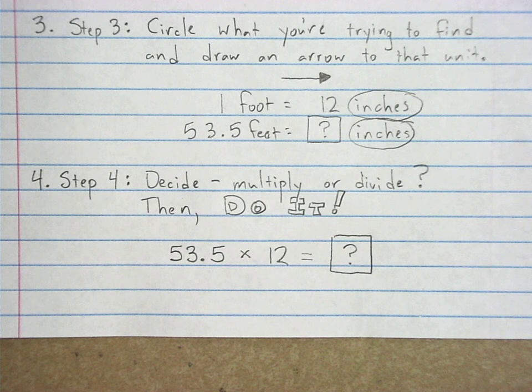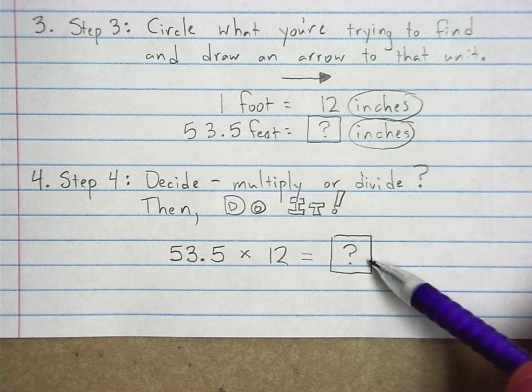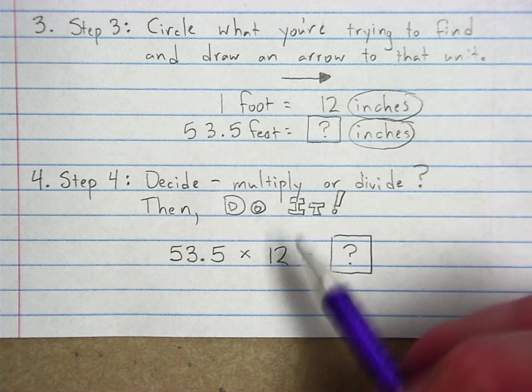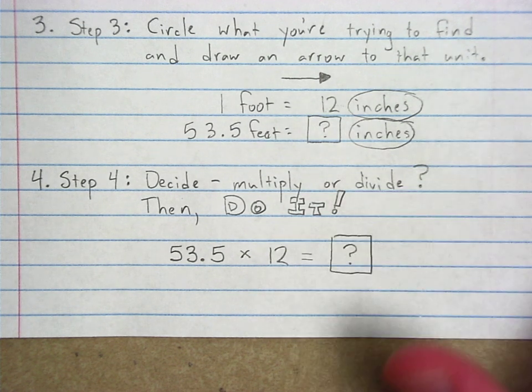Okay. Now, partly because we're out of time, and partly because we've been practicing multiplication, and we will do more in class, I am going to go ahead and just jump to the answer. I'm not going to write the whole thing out.